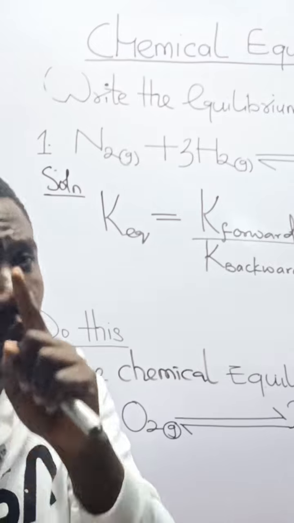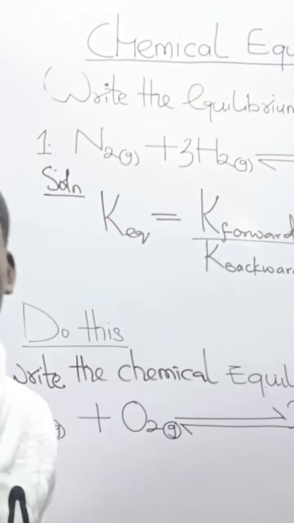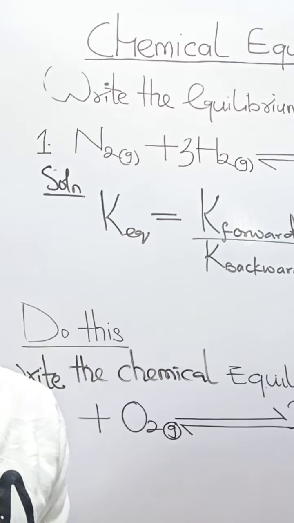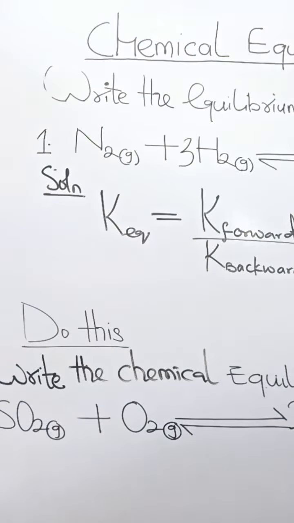But what you must take into account, very important, is that if I'm to write the equilibrium constant for pure water, that's H2O in its liquid state, it must be equal to 1. Yes. So the constant for H2O in a liquid state is equal to 1.